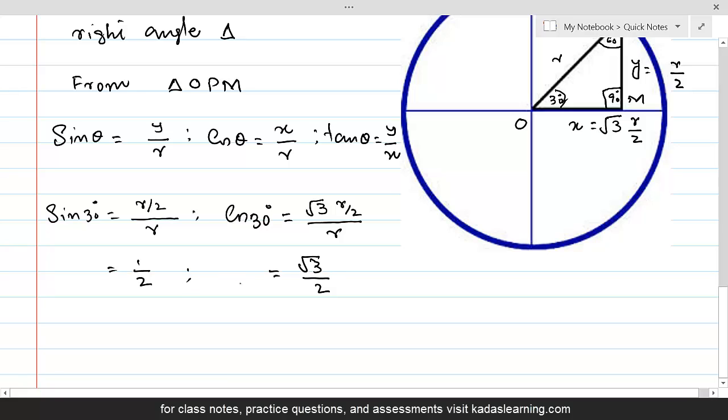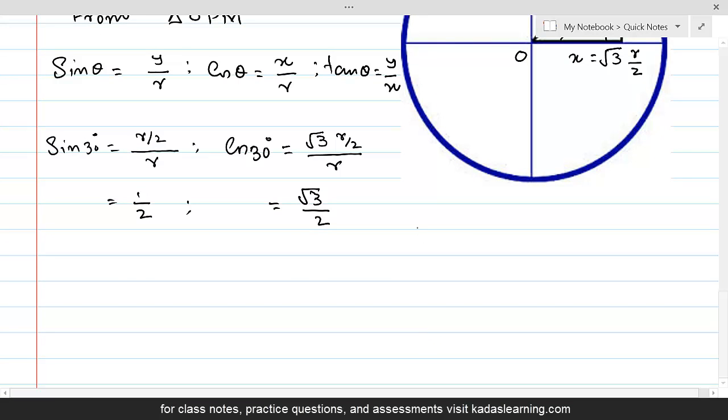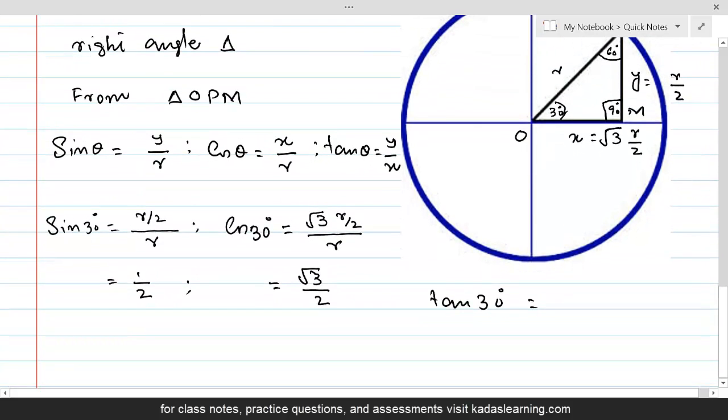So this is the value of cos 30 degree, and similarly we will find out the value for tan 30 degree. Tan 30 degree would be equal to the value of y over the value of x, so that would be r over 2 divided by under root 3 r over 2.